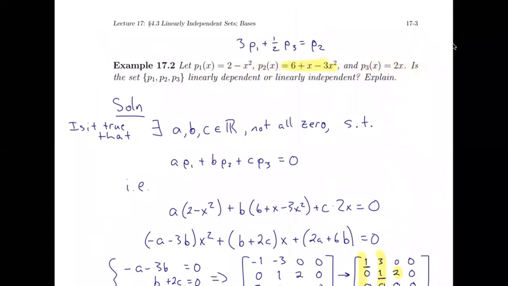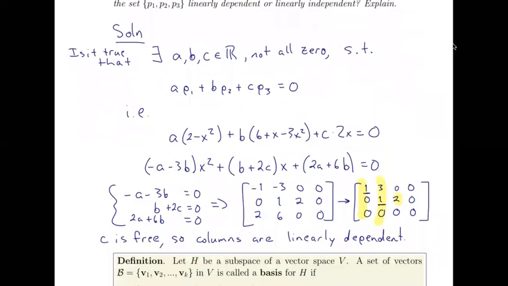In other words, when these polynomials are represented along their coefficient columns, we're just combining one polynomial with another, or one column with another column, in order to get the other columns.